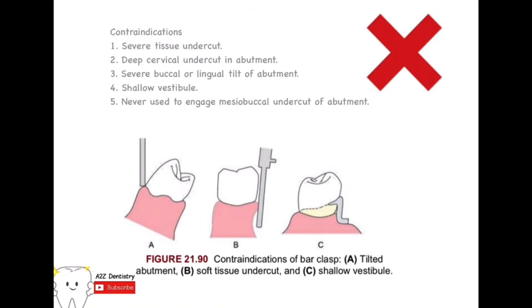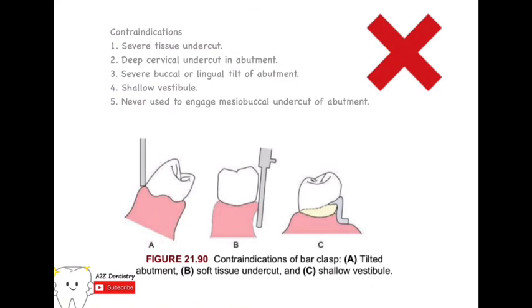If the vestibule is shallow, and there is not adequate depth present, in that case also we cannot give it, because in order for this vertical clasp to retain, there should be some amount of vestibule, okay? It should have adequate depth so that our clasp can stand there and make contact with the tooth. If there is no depth in the vestibule, how can our clasp be in its required position, right?